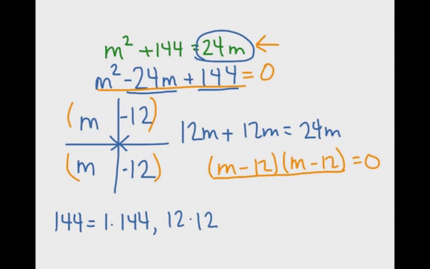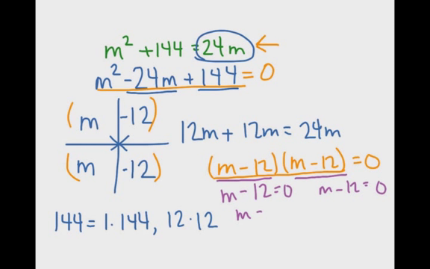Now we can apply our zero product property, and we know that either this first parentheses has to be equal to 0, or the second has to be equal to 0, or they can both be equal to 0. So let's set them both equal to 0. We have m minus 12 equals 0, and m minus 12 equals 0.